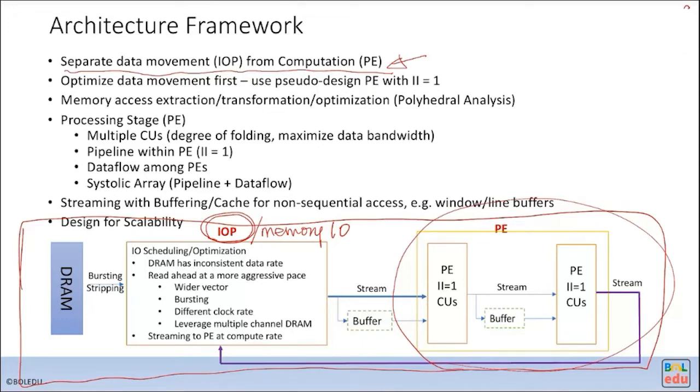Once you separate them, you can apply the optimization techniques independently from the other part, because those two can have different optimization strategies. So that's the first step: look at your problem and separate the data movement from the computation. And the next step. For these two parts, which part should you work on first?